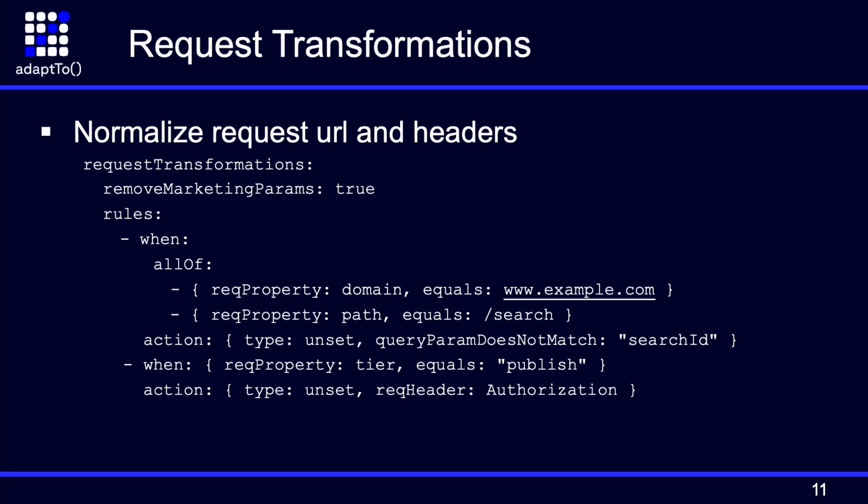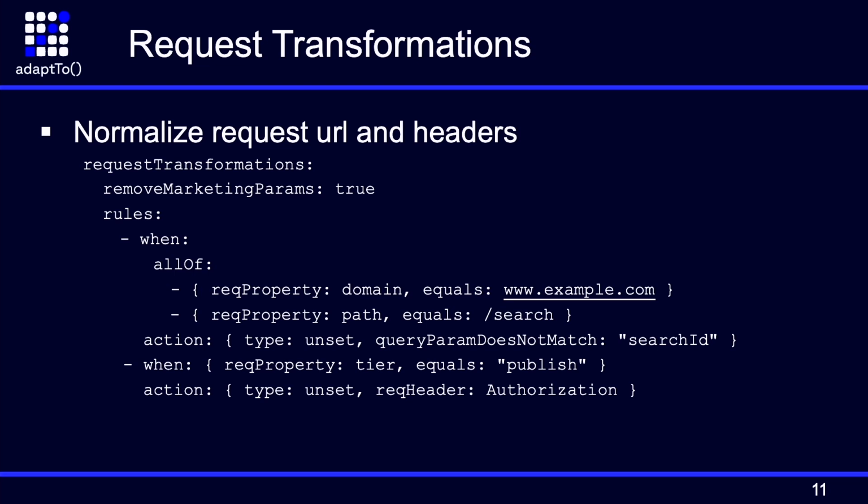So essentially, it allows only the search ID query parameter. Now, I would say that in general, you should try to start removing all query parameters. If you don't have the need for query parameters, just remove all of them. Edge delivery services don't support query parameters. It's a very effective way of maximizing cache hits.